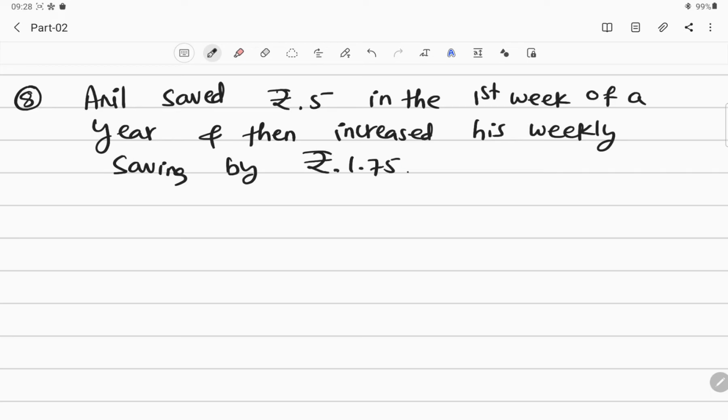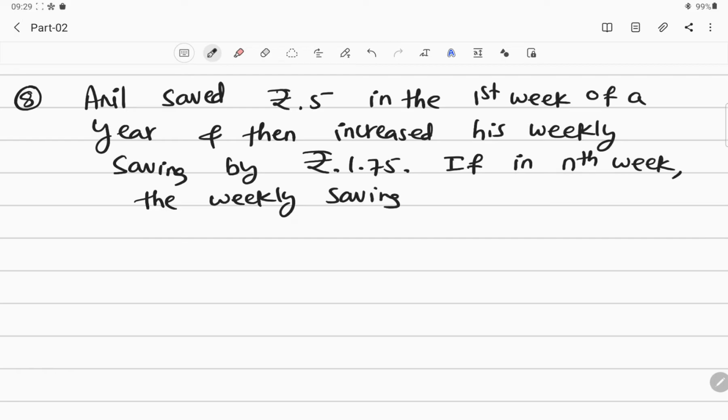If in the nth week his weekly saving has become 25.75 rupees, find the value of n.